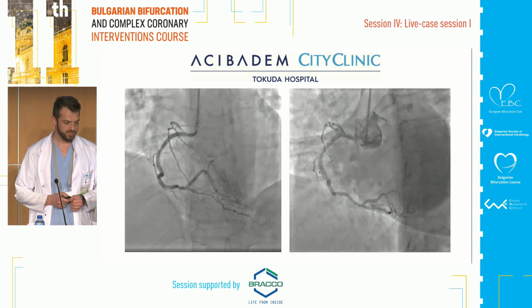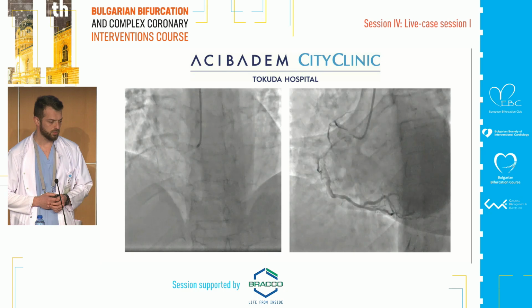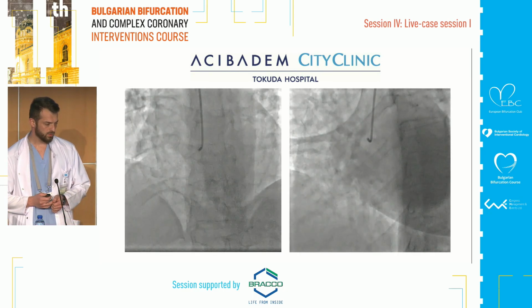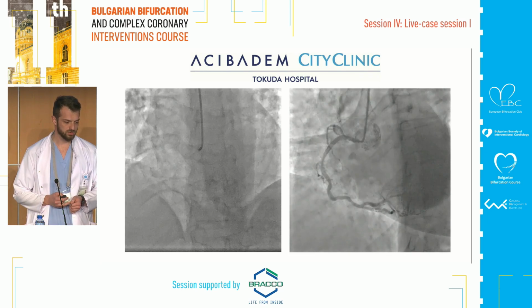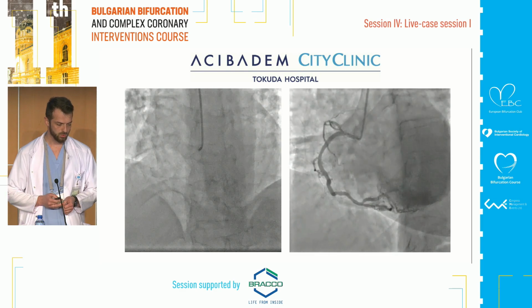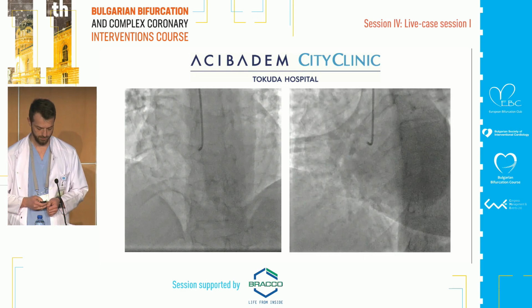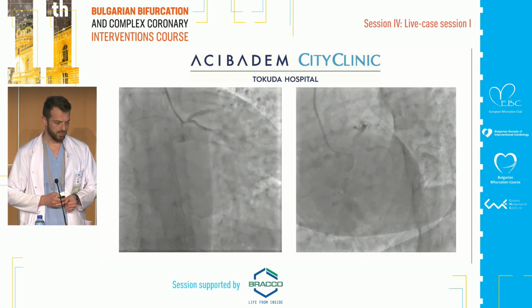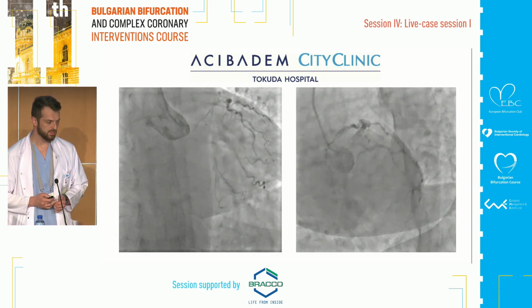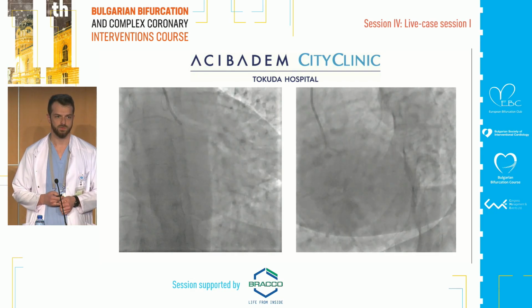We did an invasive assessment, and as you can appreciate, there is a patent stent in the mid-RCA with moderate stenosis of the ostium of the right coronary artery and also a diseased PDA. What about the left? The left is also diseased, and you can easily see that there is ostial involvement.